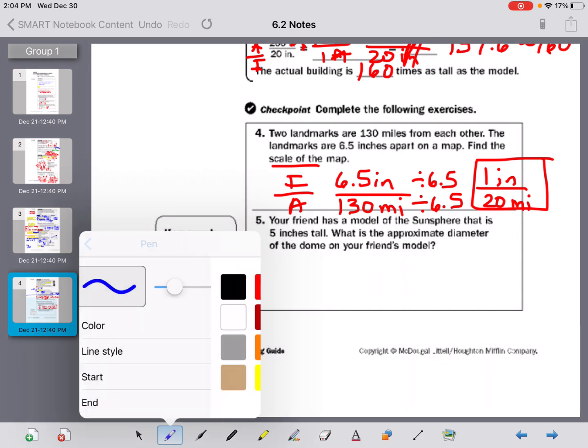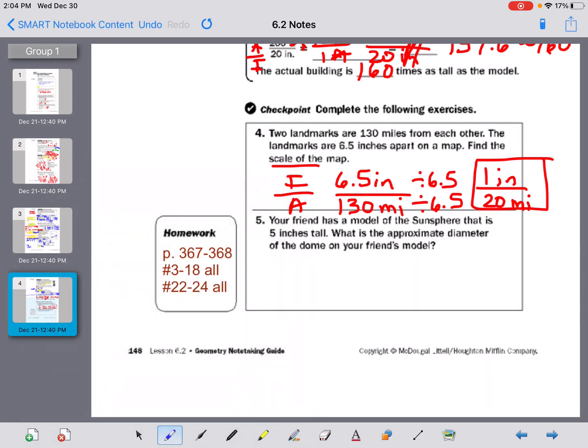All right, and to finish us out, your friend has a model of the sun sphere that's 5 inches tall. What's the approximate diameter of the dome on your friend's model? So now my image over my actual is going to be my friend's model to the real one, right? I'm talking tall, and I'm talking diameter. I guess I could have called that height again.